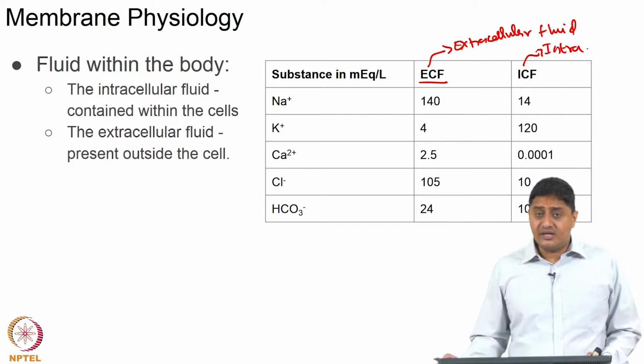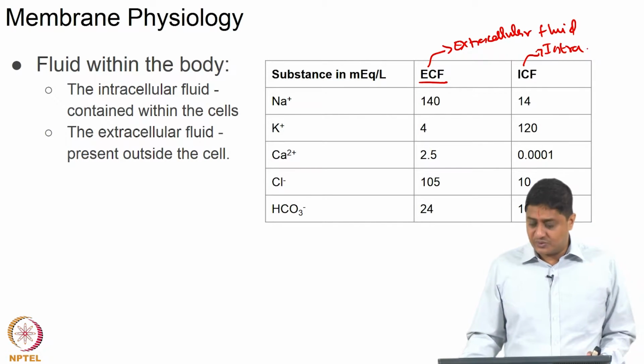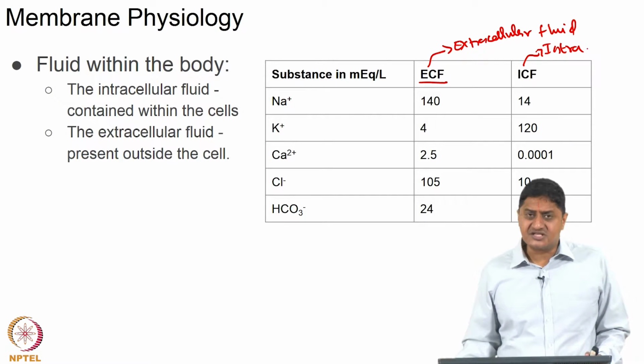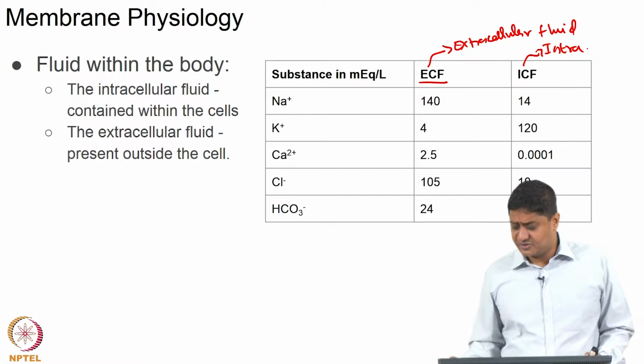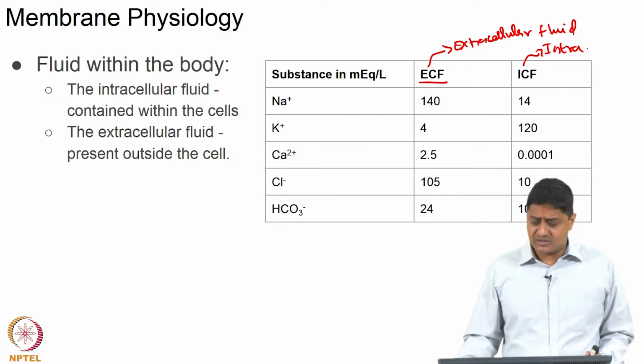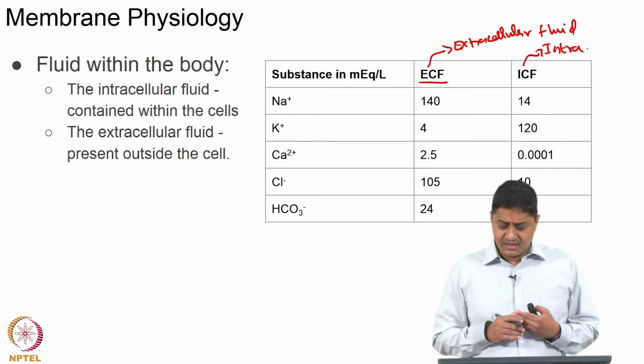So, there is fluid everywhere in the body. The body is composed of about 50 to 70% water. It changes between individuals, between groups of individuals. So, people who have a higher fat content, for example, have a lower amount of water and vice versa. Where is this fluid present?